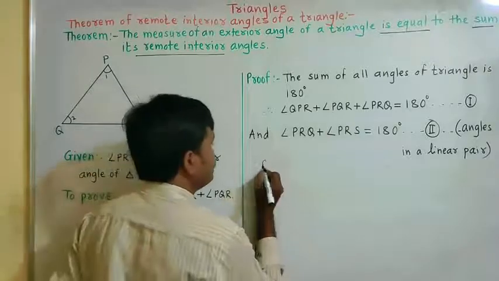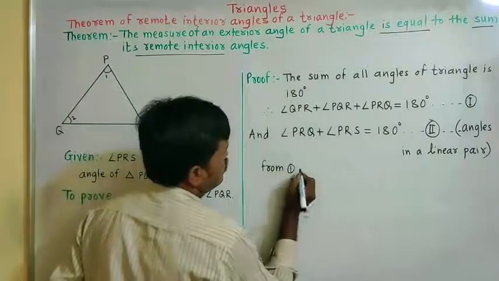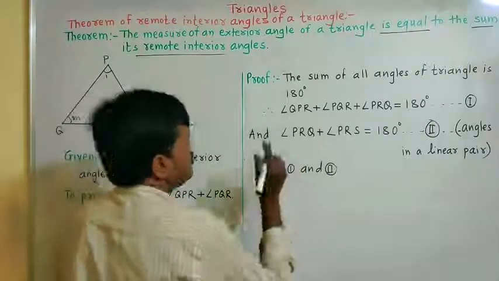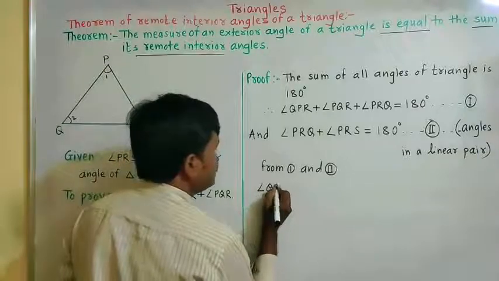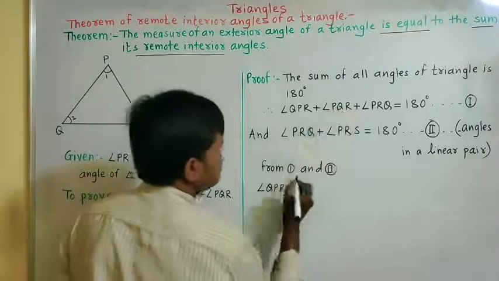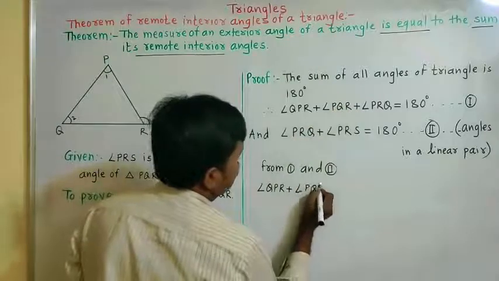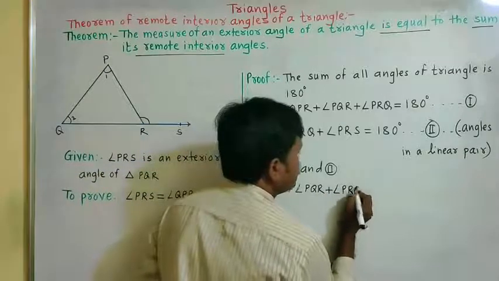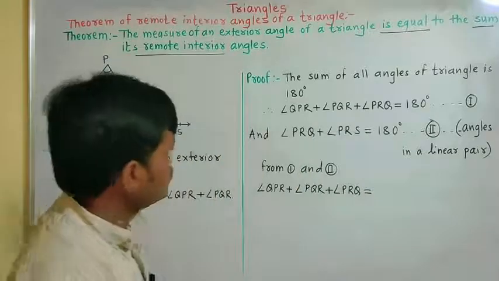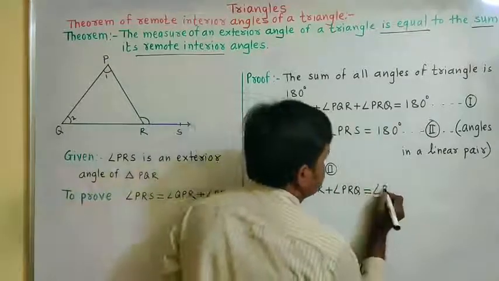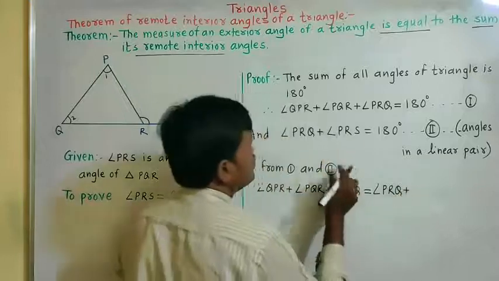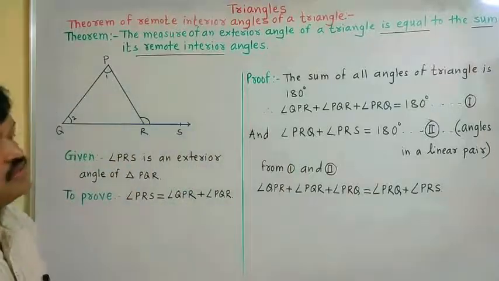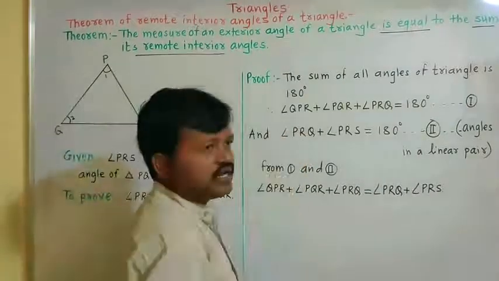So from 1 and 2, write your left side first: angle QPR plus angle PQR plus angle PRQ is equal to angle PRQ plus angle PRS. So we write here the left side of equations 1 and 2.